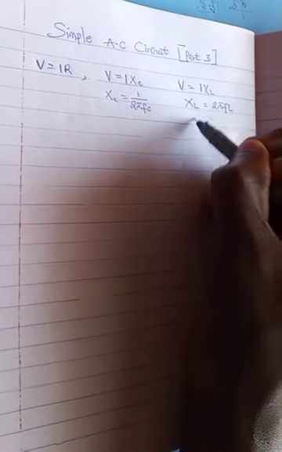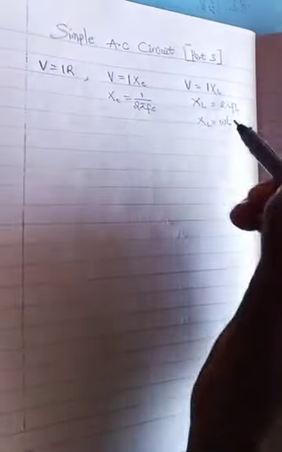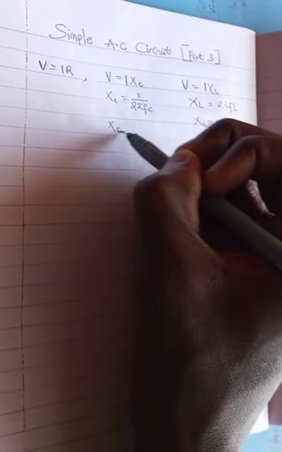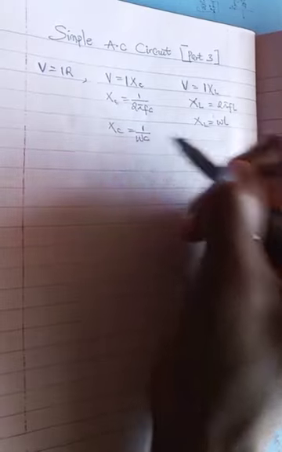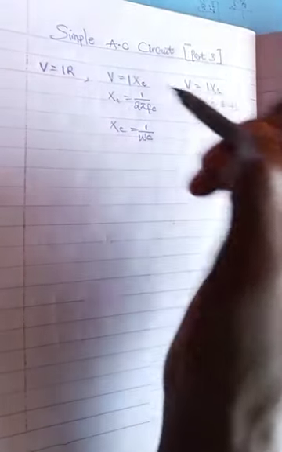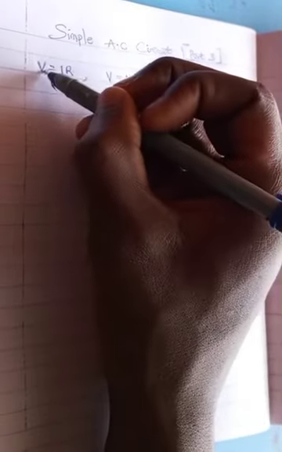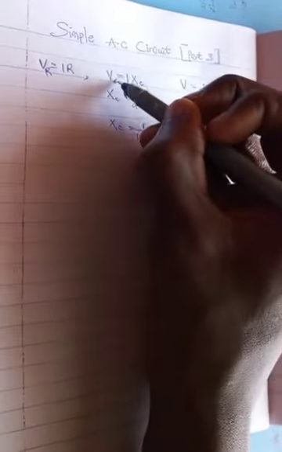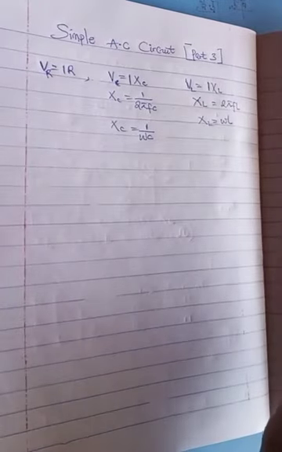Remember, we also call this omega L and this 1 over omega C. So we can equally call these VR, VC, and VL. So take note of that.